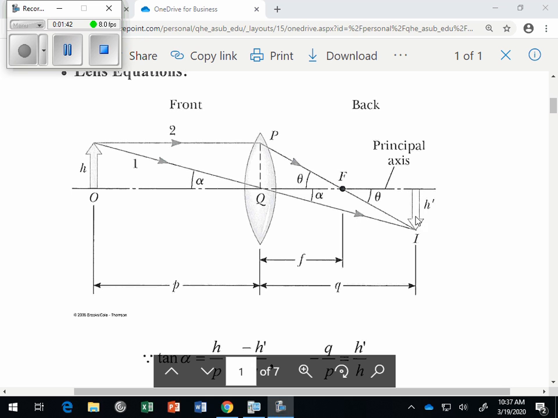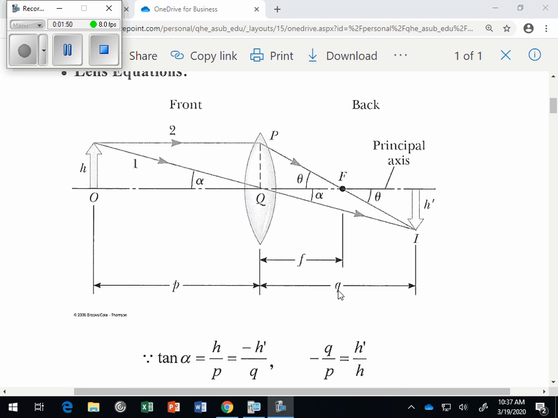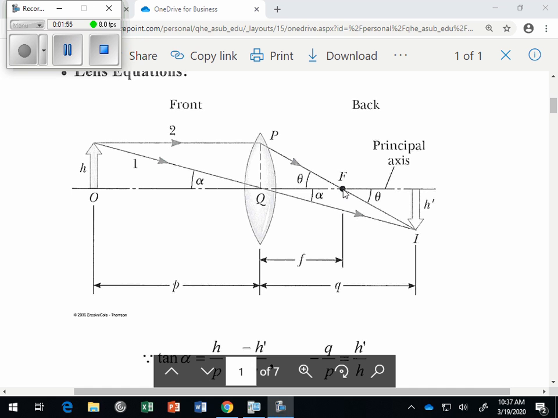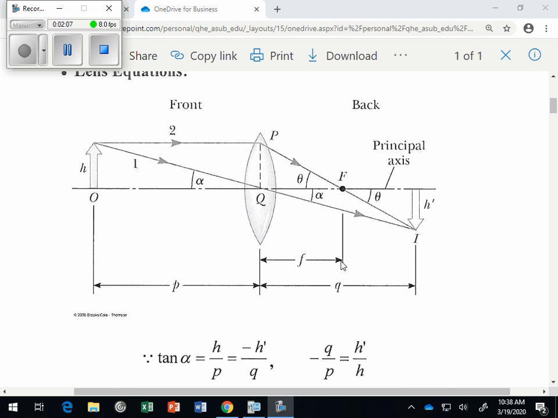So now this is the image. This distance from the center of the lens to the image we call Q, the image distance. Now the focal point is supposed to be on both sides, depending on which side we need. The distance from the focal point to the center of the lens we call the focal length.